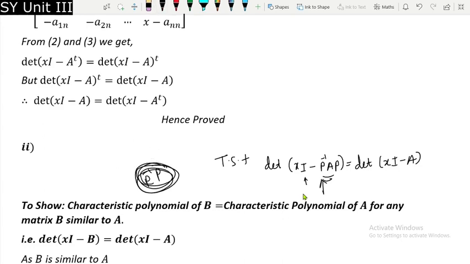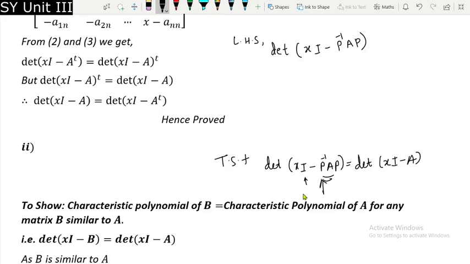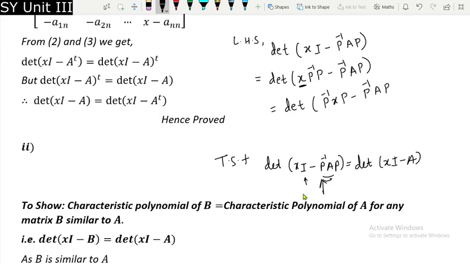Okay, so I will consider the left hand side, that is determinant of xI minus P inverse AP, which is further equal to determinant of x, and the adjustment is P inverse P, minus P inverse AP. Now since this x is a scalar, it can be shifted anywhere. This can be written as determinant of P inverse xP minus P inverse AP.